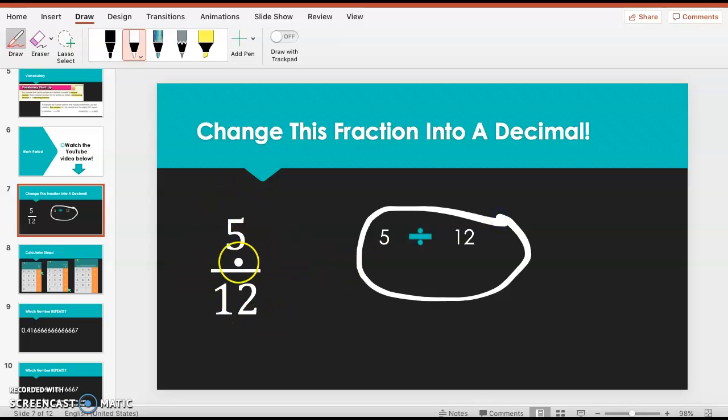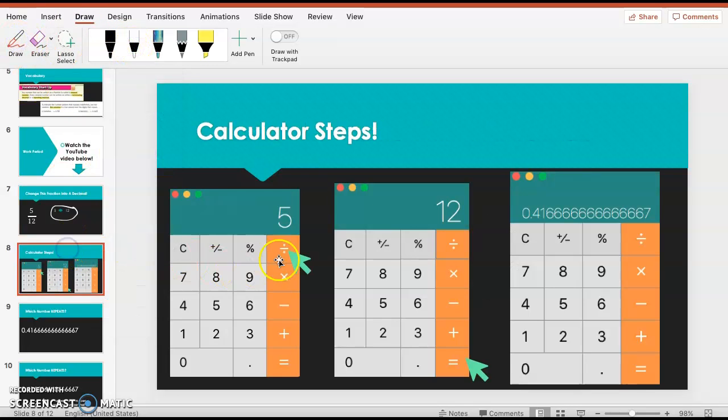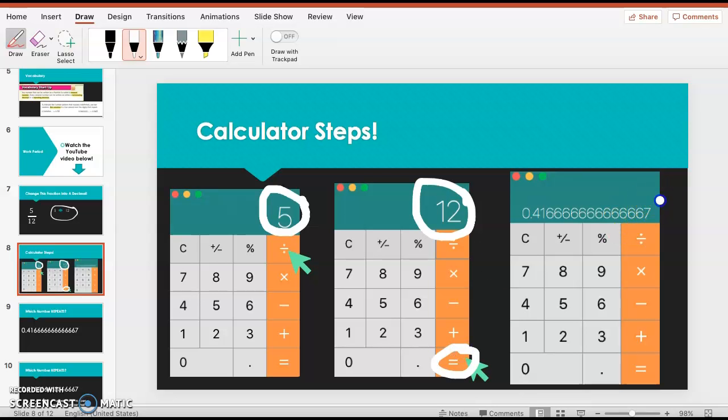So how do we find 5 divided by 12? Well, we can simply use our calculators. I have put some steps right here, so let's look at them. The first step is to write the number 5 down in your calculator. Then you're going to click divided by, and then write 12. Then you click the equal sign, and you should get this long number.